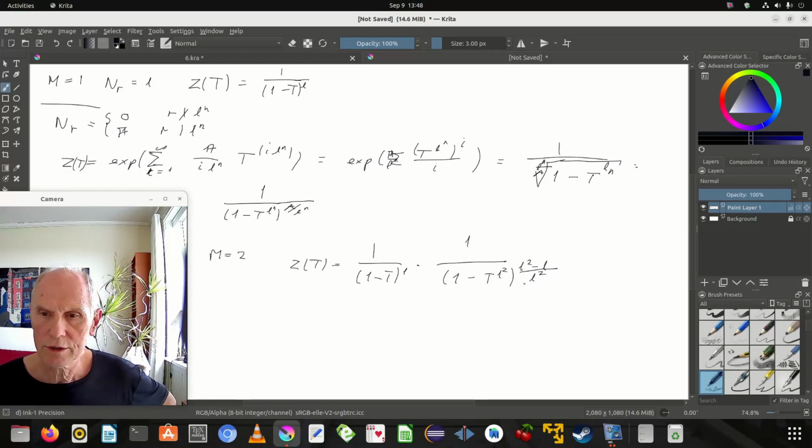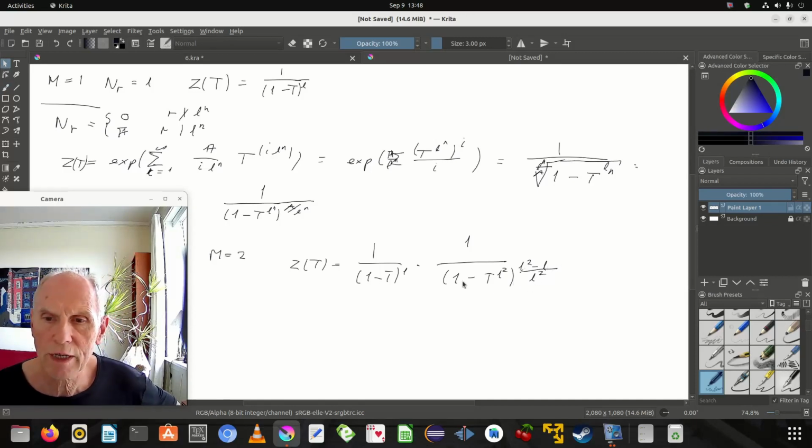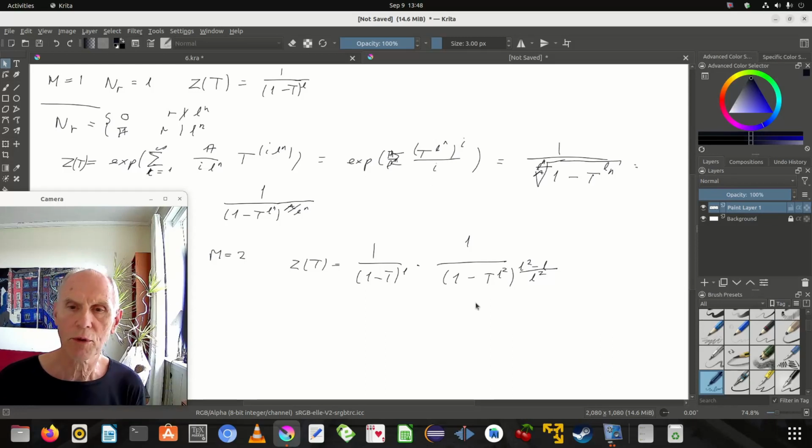And of course this is not a rational function, because this gives unity and 1 divided by L squared, so we have to take a root of this. And of course this isn't a square or anything, so no problem there.